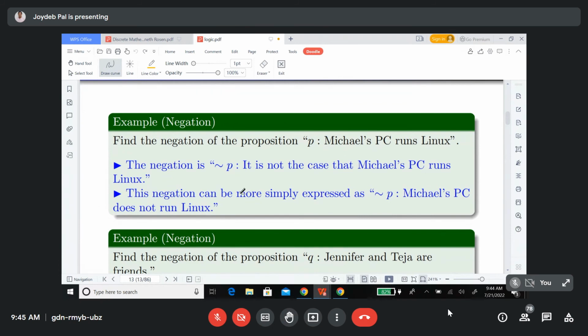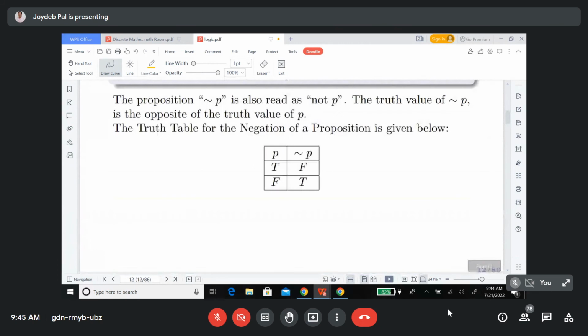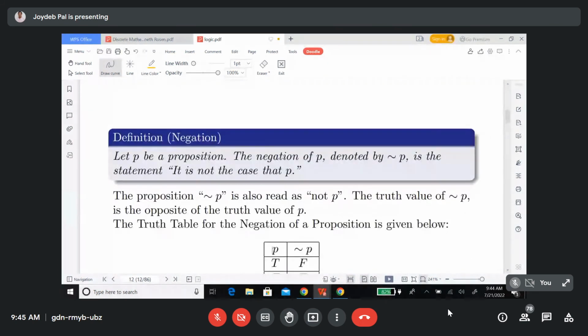In short, I can write negation of P. That is the notation. What will be the statement here for negation of P? As I told, the easiest way, without thinking anything, is to follow the definition. The definition says you write "it is not the case that" before the proposition.